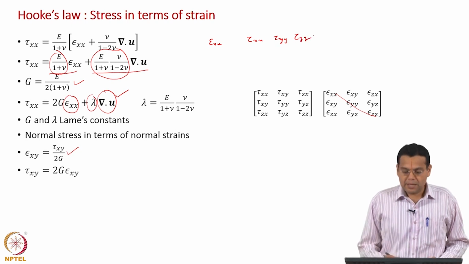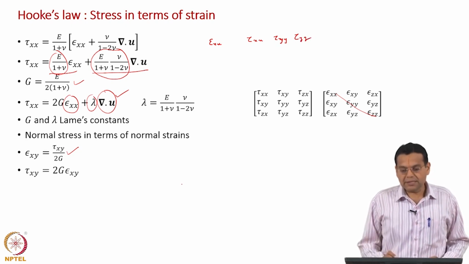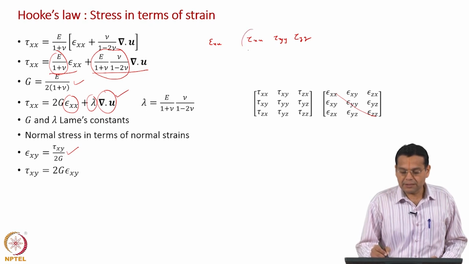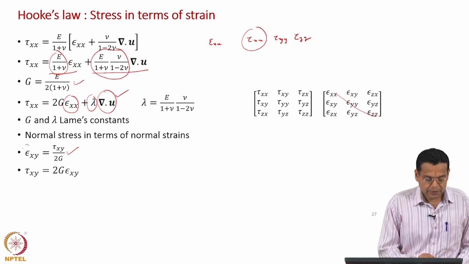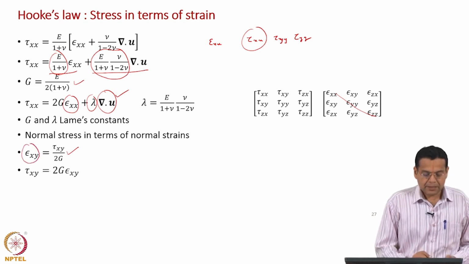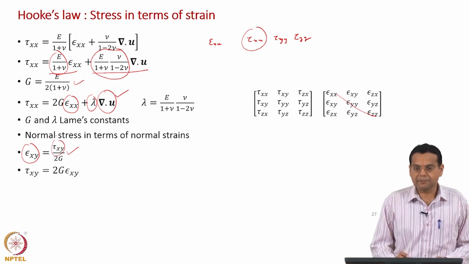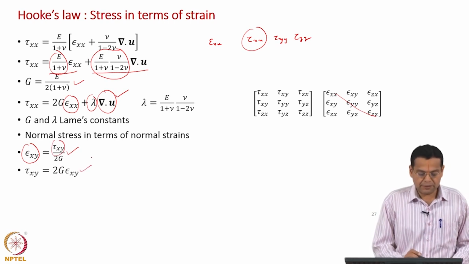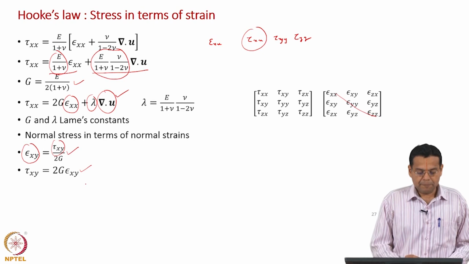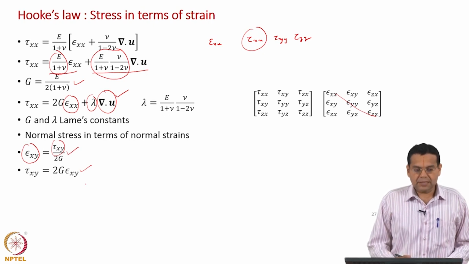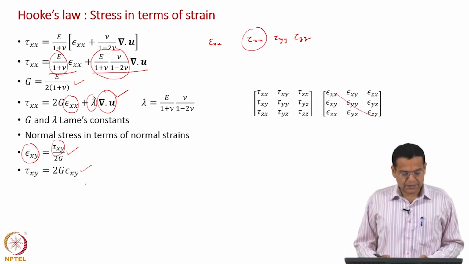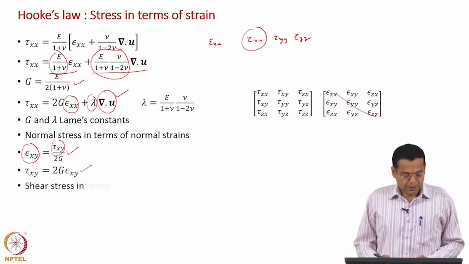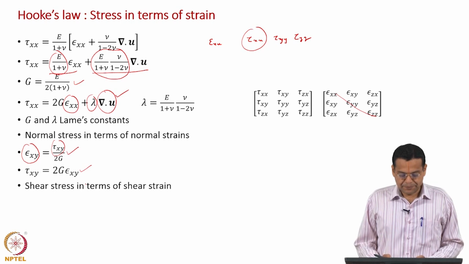That is why we have to do some rearrangement and express tau xx in terms of the normal strain. But the shear strain depends on the shear stress in that plane only, so simple rearrangement is sufficient to express the shear stress in terms of shear strain.